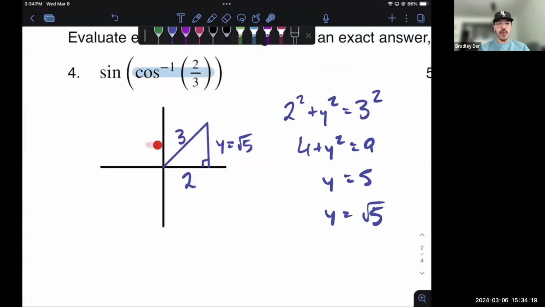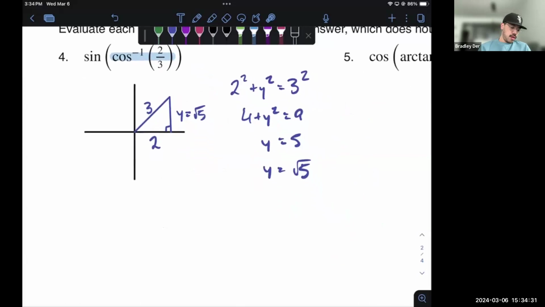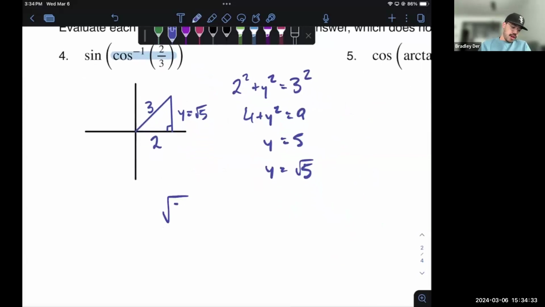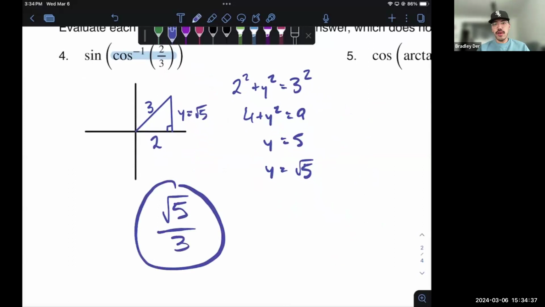For inverse cosine, I wanted quadrant 1 because this cosine is positive. But then just Pythagorean theorem, I got my missing side, and so now I'll just do sine, opposite over hypotenuse, for this angle measure. So final answer, root 5 over 3. And I never really needed to know what the angle measure was at all.